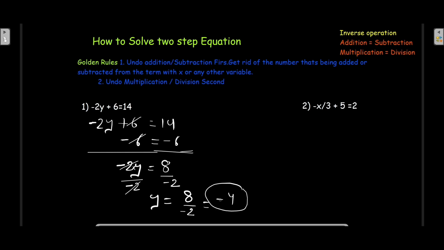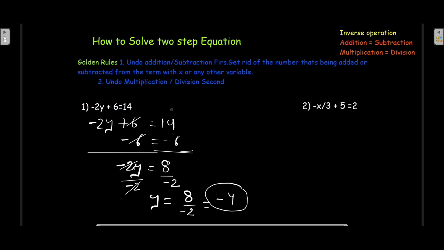So we have to be very careful when we have a minus sign in the question. If we plug y equals -4 into the initial equation, we can verify whether our answer is correct or not.